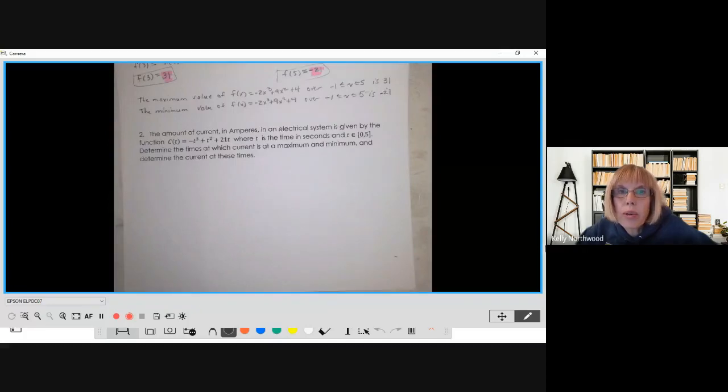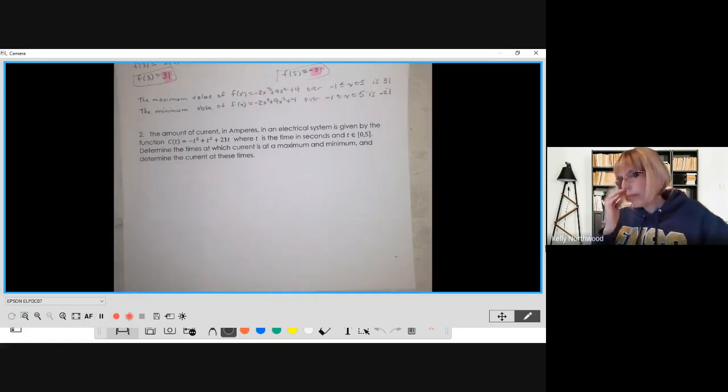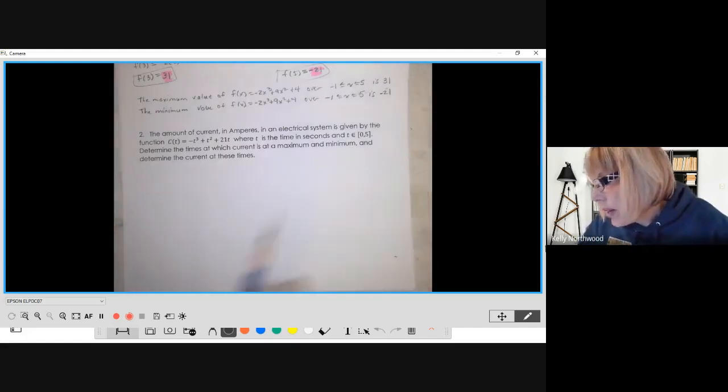Determine the times at which current is at a maximum and minimum, and determine the current at these times. So it's asking for two things here, not just what the maximum and minimum current is, but when they occur, which will be the corresponding t values.